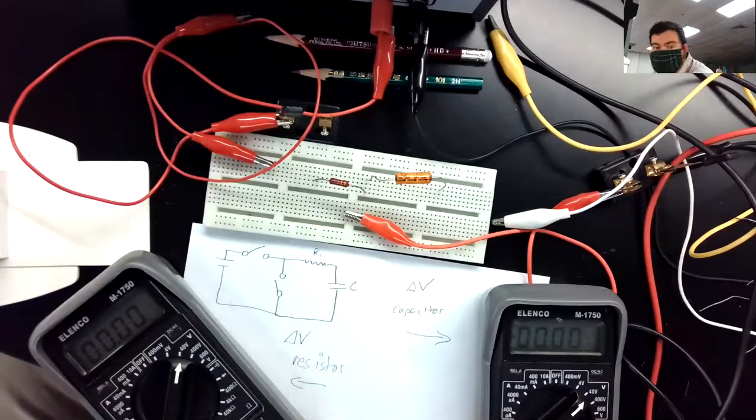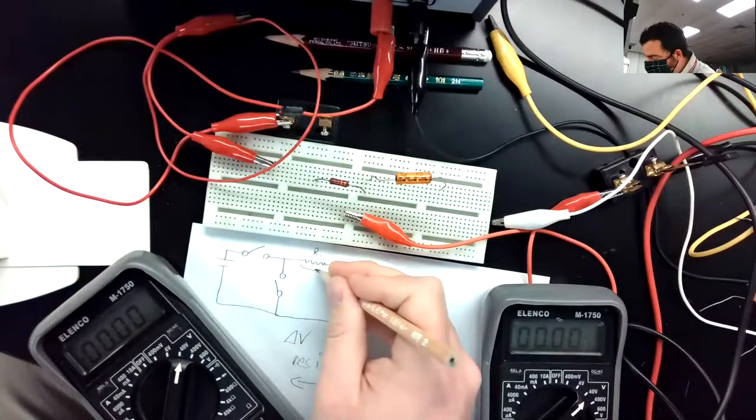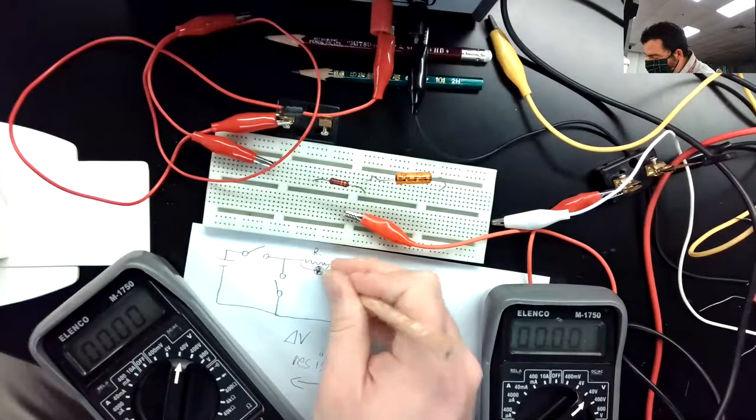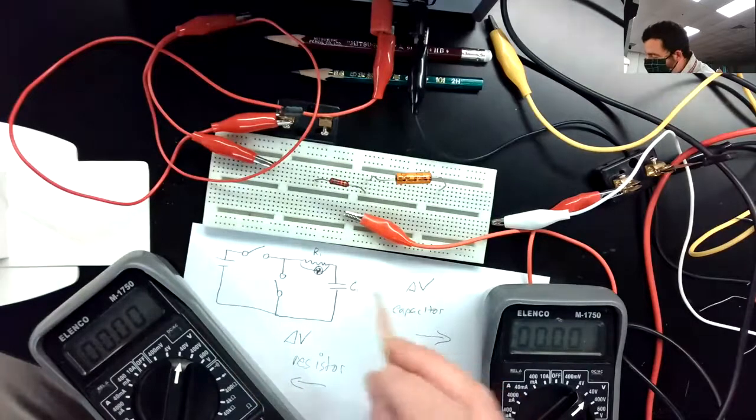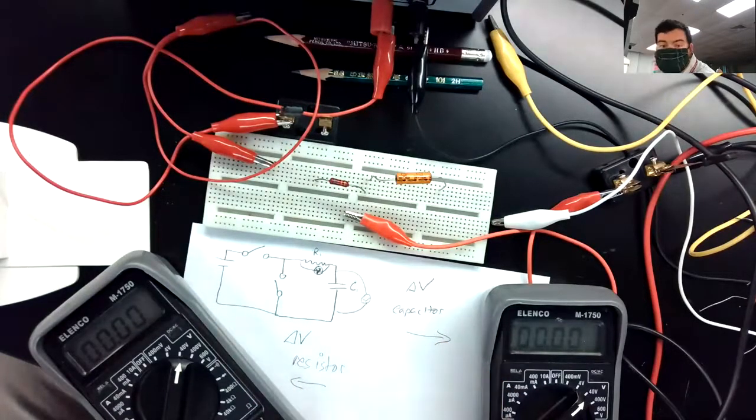And we can monitor what's going on in the circuit by looking at the potential difference across the resistor with this voltmeter here. And we can look at the potential difference across the capacitor with this voltmeter here.